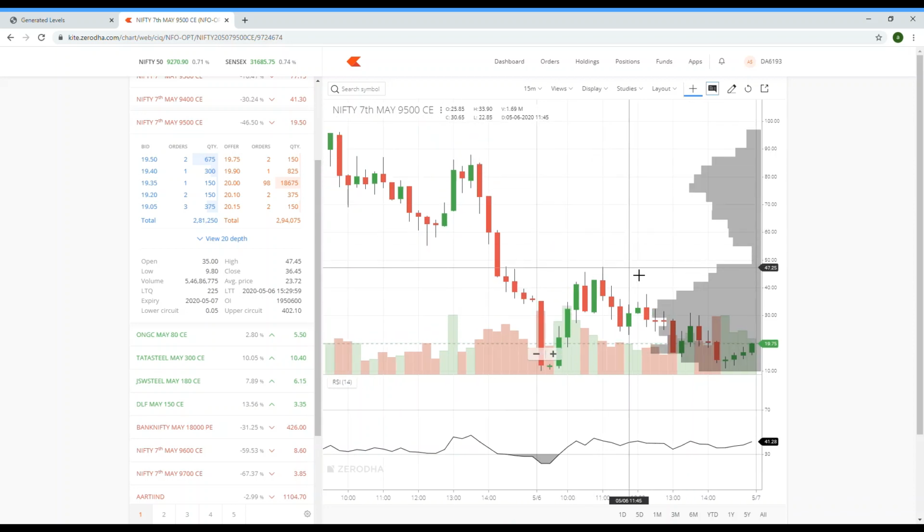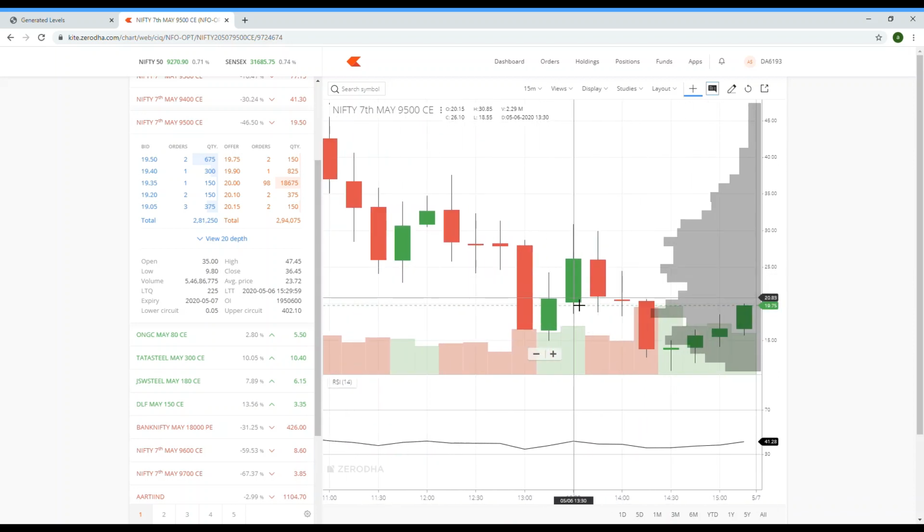So what I did was book my half of the position and take my cost away, while riding the rest of the trade for these targets.